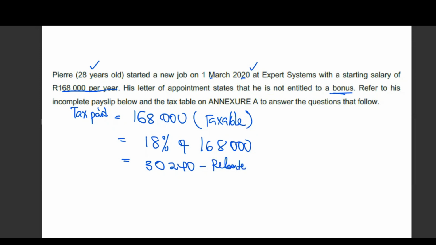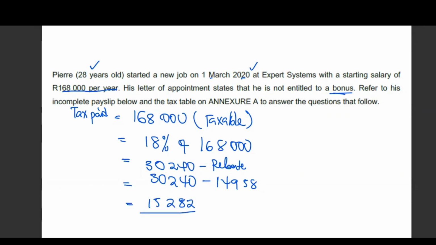We subtract rebate. We shall not subtract any medical tax credits because they never mentioned anything to do with the medical aid. All right, we shall subtract 30,240 minus the rebate, which we saw already, which was 14,958. So the person has annual tax paid as 15,282.